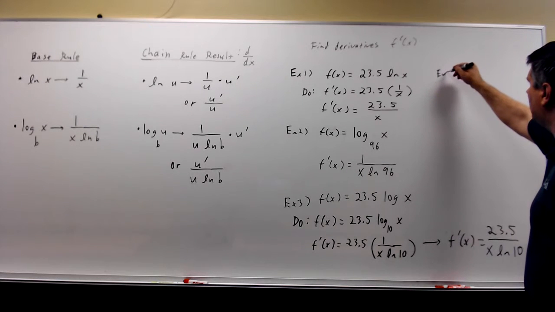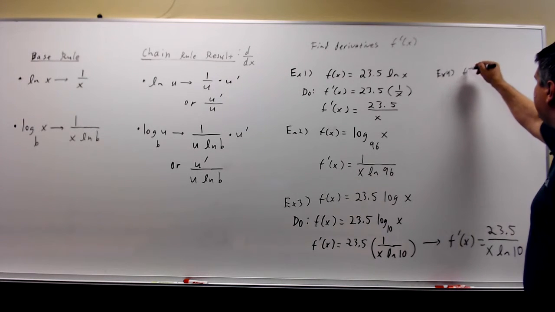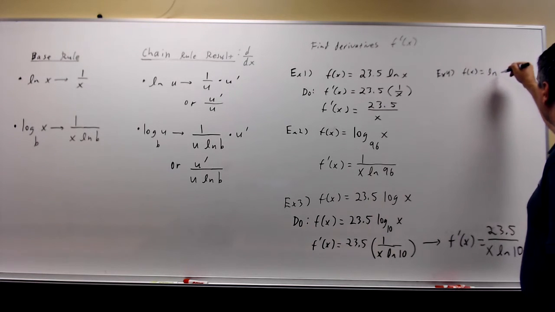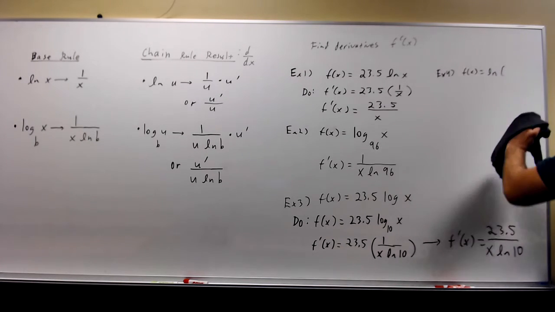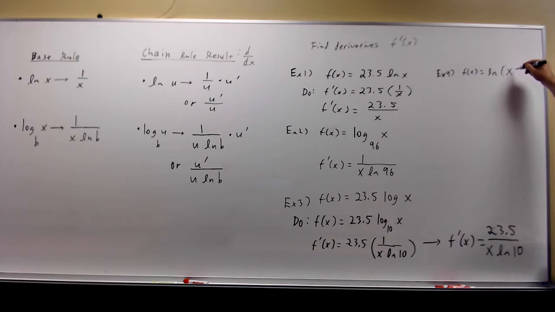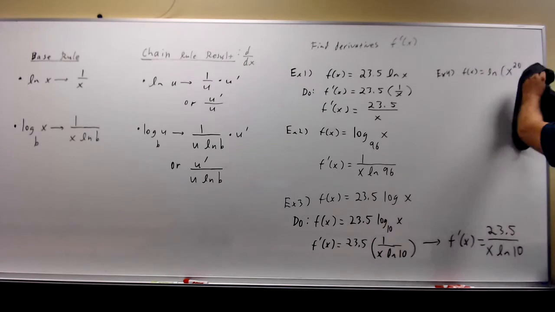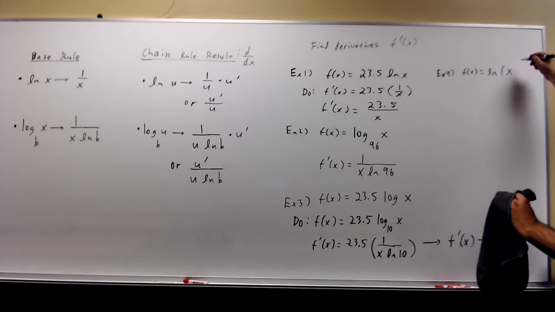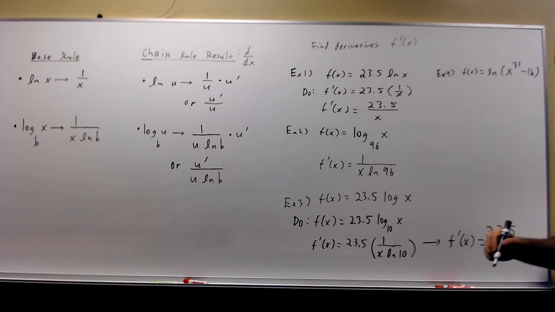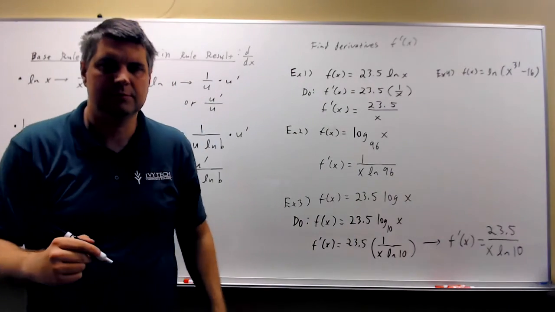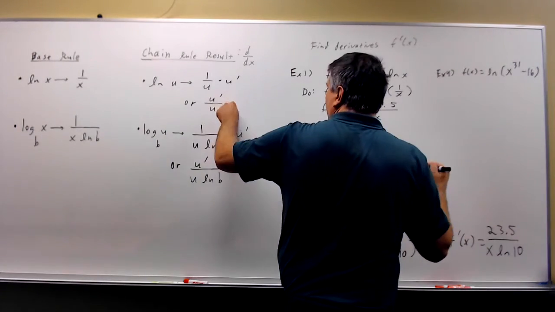Example 4. f of x equals natural log of, how about I just do something simple? x to the 31st minus 16. I follow the chain rule.